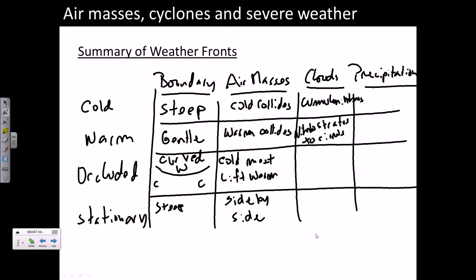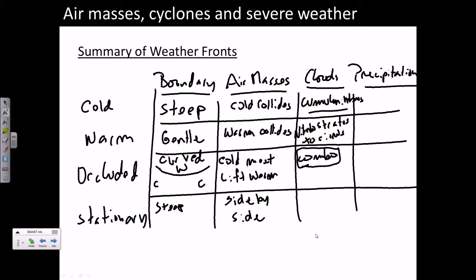The occluded front is a combo of all, a combo of both the warm and cold front clouds. So you'll find cumulonimbus clouds, but you also find all the cirrus clouds, depending on how you look at the cloud structure across these different boundaries. So it's a combo.